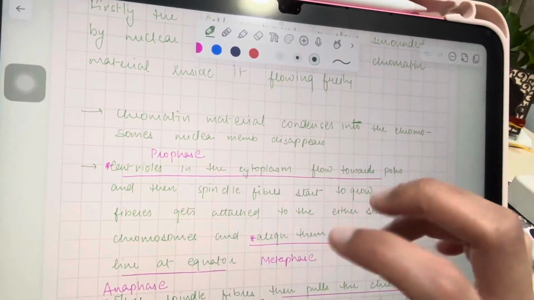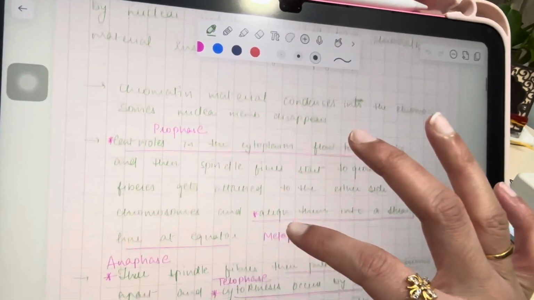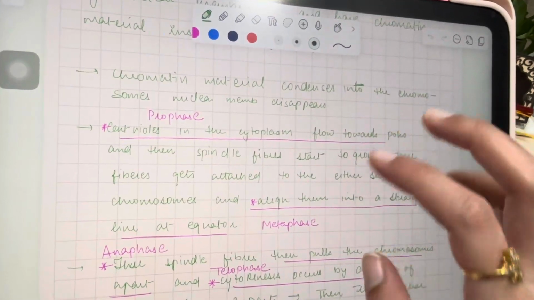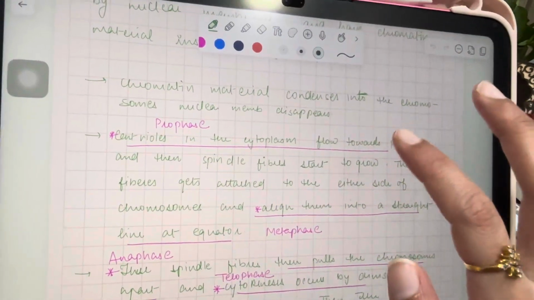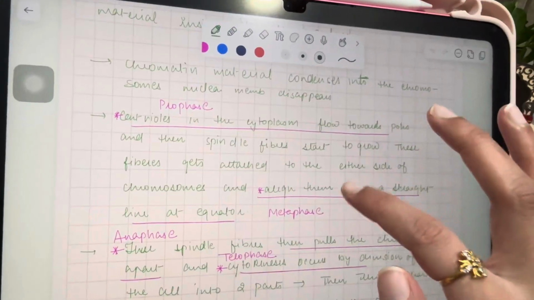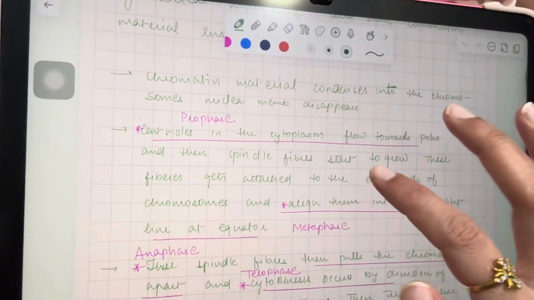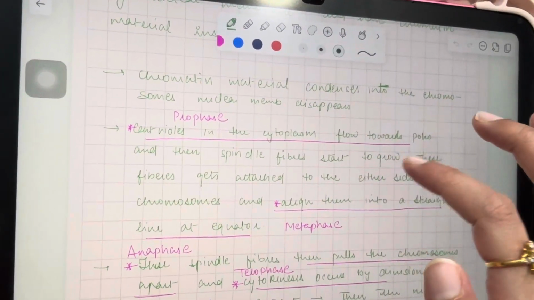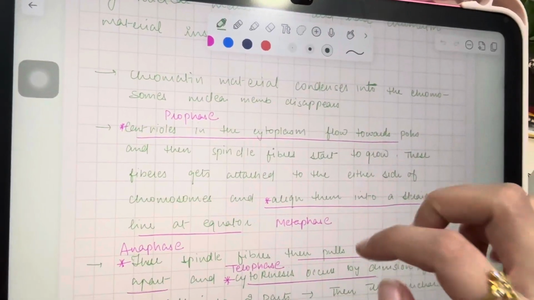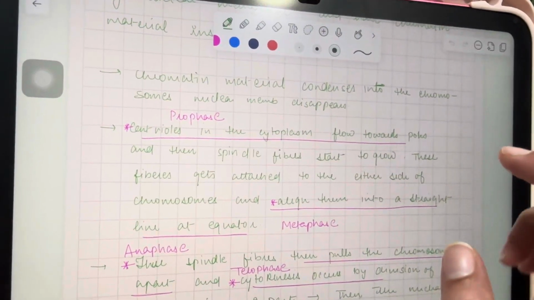As it becomes chromosomes, the nuclear membrane starts to disappear. Then what happens? The chromosomes start flowing. As they start flowing, the centrioles in the cytoplasm flow towards the poles. From the poles, the spindle fibers appear.